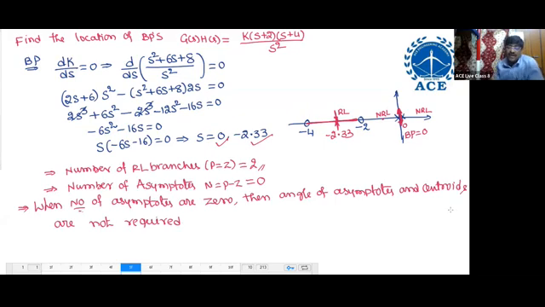When is centroid required? Centroid is required only when the number of asymptotes is more than or equal to 2.